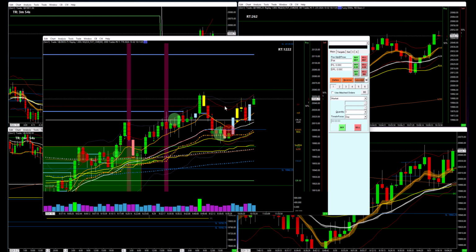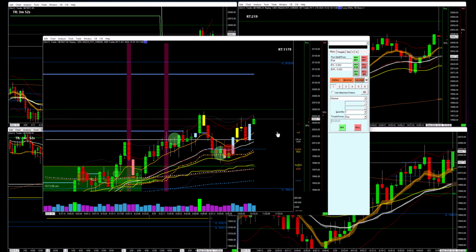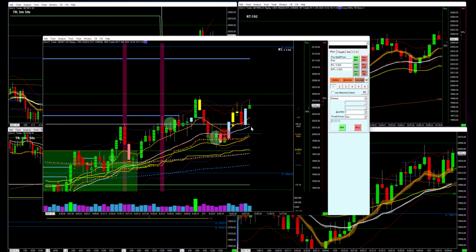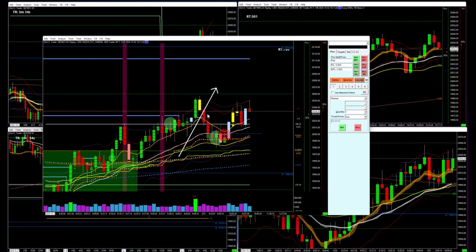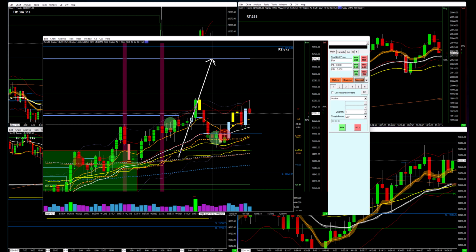We are right at a pivot, which is this line over here. So we're going to hang out on the sidelines here for a little bit, see what happens, because just by looking at things right now, I'm more apt to say that we are going up. And if we do go up, here's a good target right there at 20,000, I don't know, about 111, 112, something like that.